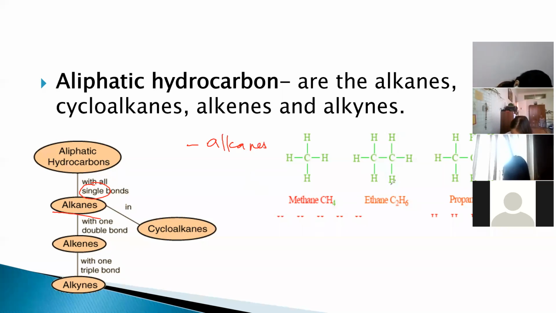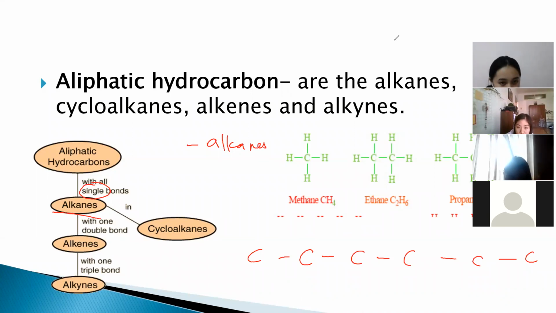But this one is for straight chain na alkane. Dagdagan mo siya ng carbon kahit aabot ka dyan ng 100 na carbon, but if it is a straight chain, we call it alkane.